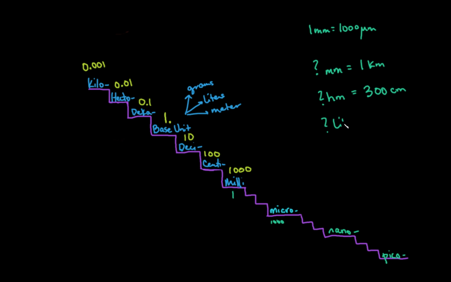How many liters are equal to 0.5 micrometers? Okay? So see if you can work those three problems, and if you feel confident in what you're doing there, that's a great first step. Okay? So what I'm going to do now is talk a little bit about scientific notation.